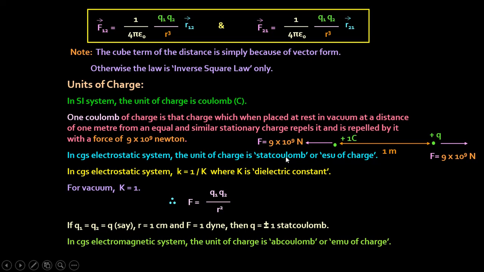Stat coulomb is again a unit of charge in the CGS system, and it is for the electrostatic system. If you are using the electromagnetic system, you can call it absolute coulomb. Absolute coulomb is nothing but EMU of charge. Stat coulomb is nothing but ESU of charge. Both are units of charge in the CGS system for two different systems: one is electrostatic, another one is electromagnetic.